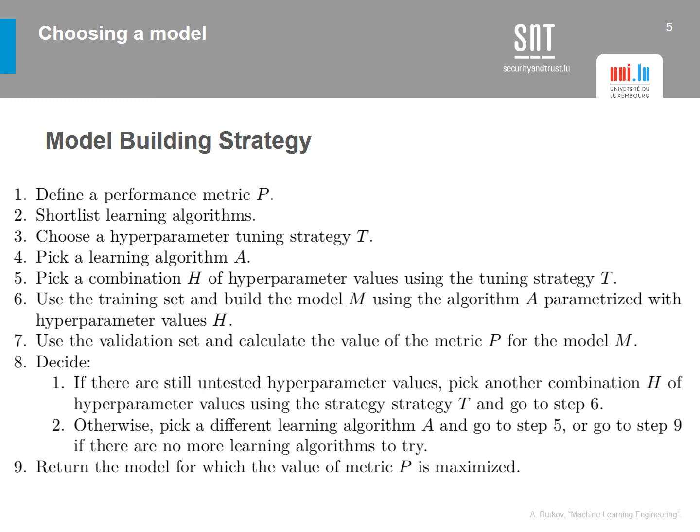Then we apply each combination of hyperparameters to the tuning strategy. Let's say we train a decision tree with a depth value of 8. In step 6, we train our model. We use the training set to build the model using the algorithm and the hyperparameter values. Let's say we train our decision tree with a depth of 8 using the training set.